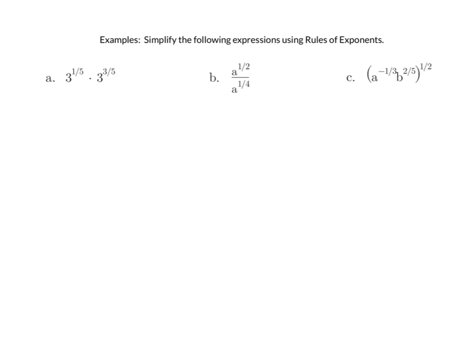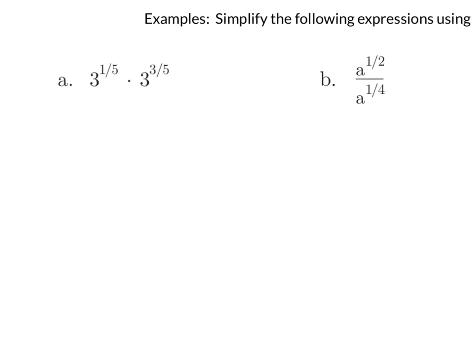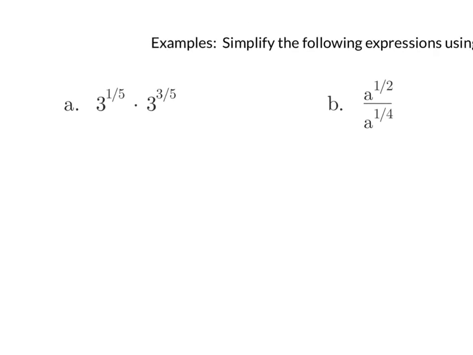Okay, so now let's go ahead and apply our rules of exponents to rational exponents. So we want to simplify the following expressions. For example A, we are multiplying, and what do we do with exponents when we multiply? We add them.